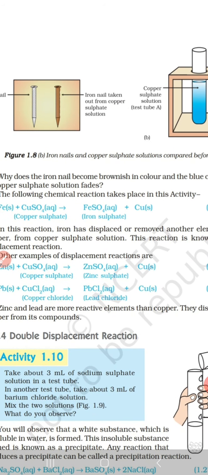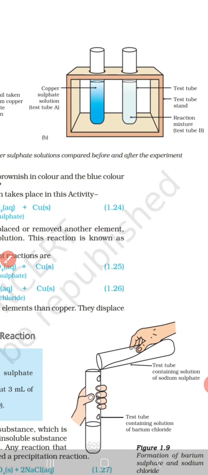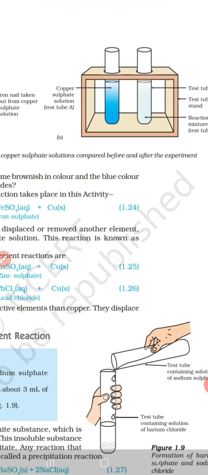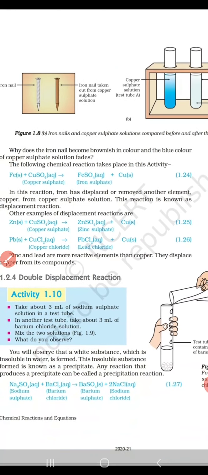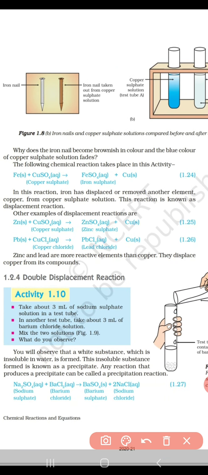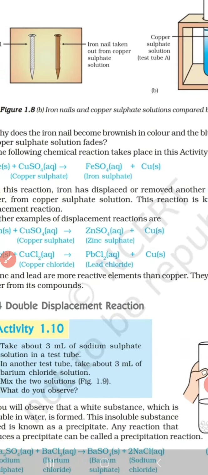See also, the color of the iron has changed. Why has the color of the iron changed? Because it has reacted with the copper sulfate solution which is present in that test tube, and we will get the iron sulfate solution.